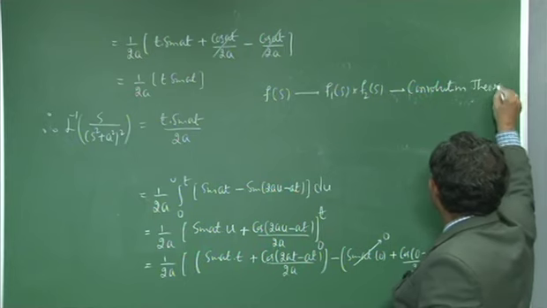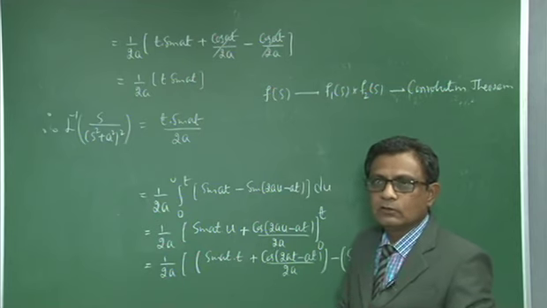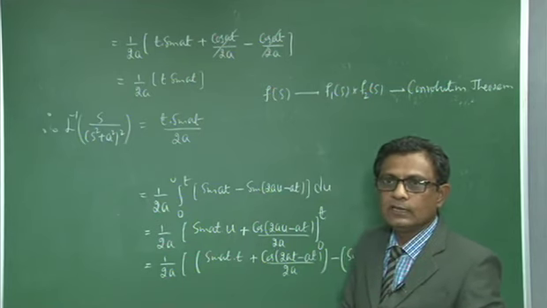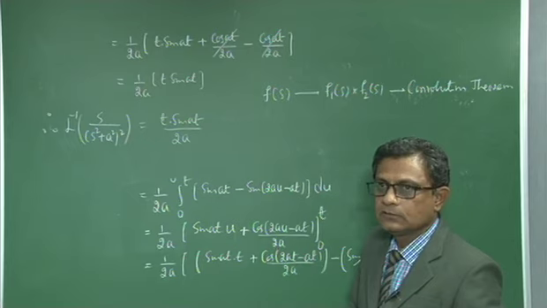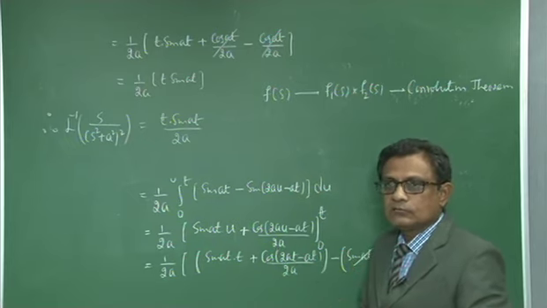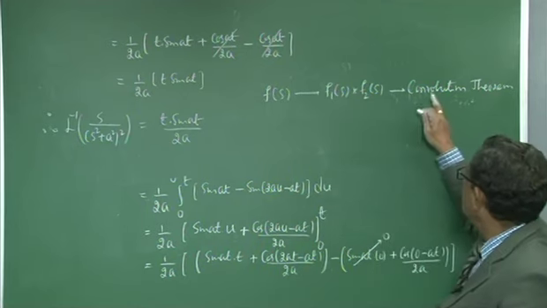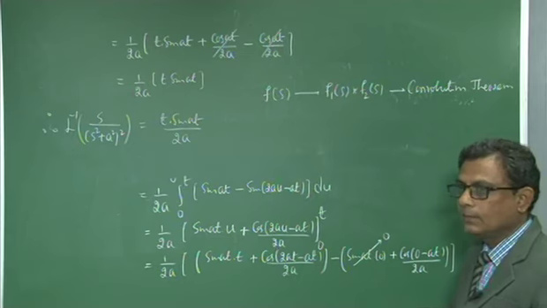Same as we are doing in integration for the product of two functions, we use integration by parts. In inverse Laplace transform, for the product of two functions, we use the convolution theorem.